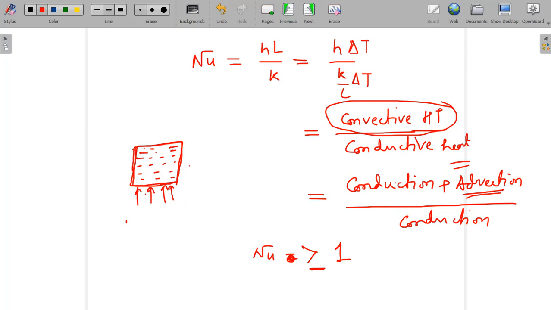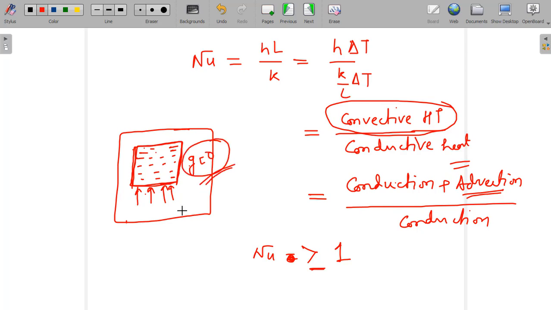If it is kept in a container, there will be no bulk fluid motion as such, but because of buoyancy, natural convection will take place, right? To avoid this natural convection, we can put everything in a place where there is no gravity. If you can do this experiment in a situation with zero gravity and heat it, you will find the heat transfer is by pure conduction, and for that situation the Nusselt number will be equal to 1.